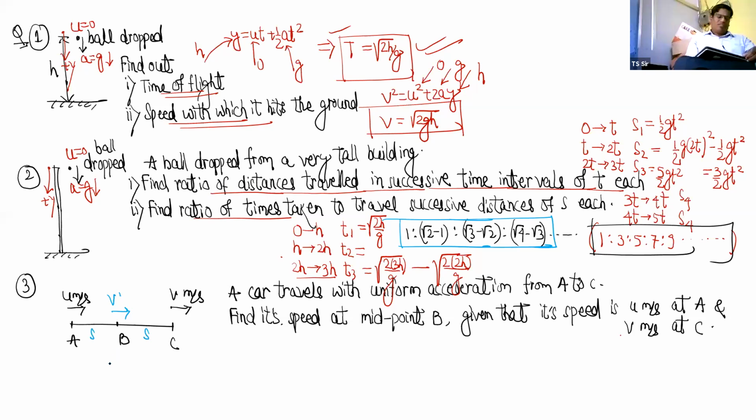So now from a to b, what equation is possible? Initial velocity given, final velocity given, separation given.